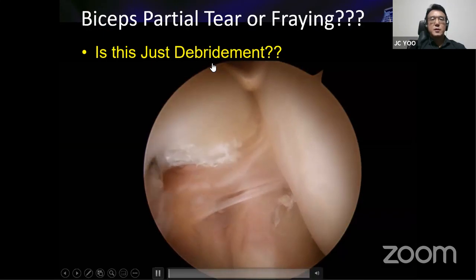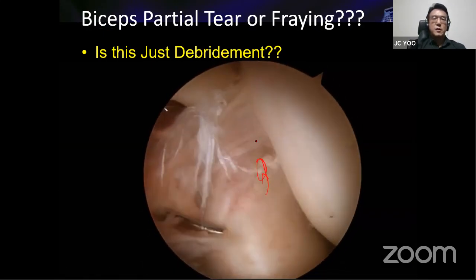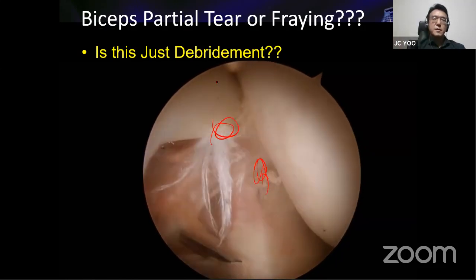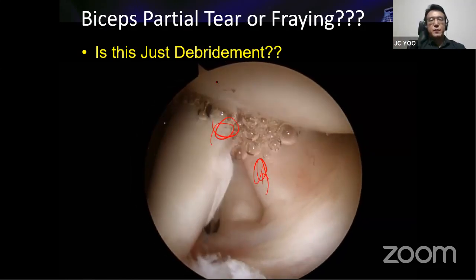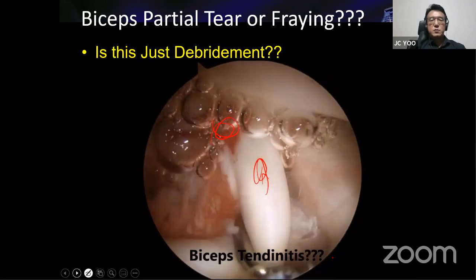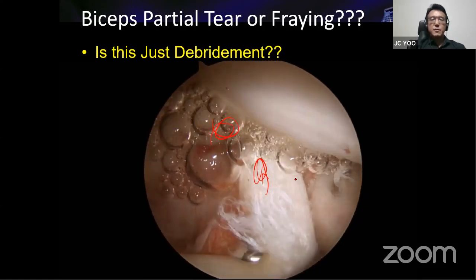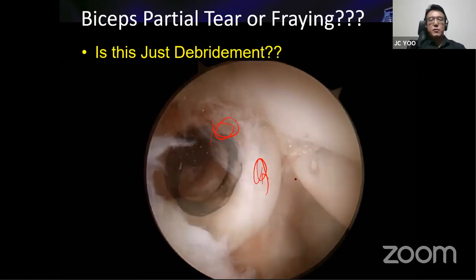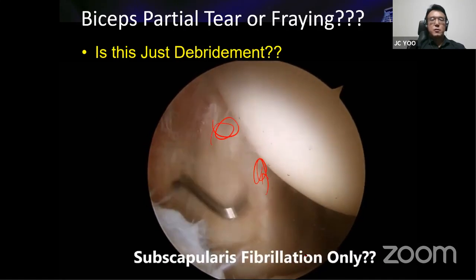But what about this case right here, the one I showed you? There's a small tear here, and a small tear here. So what are you going to do about that? Is that diagnosed as biceps tendinitis? You can see the medial side fraying is slightly more than you think, right? So what do you do?